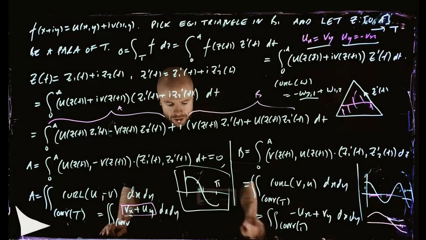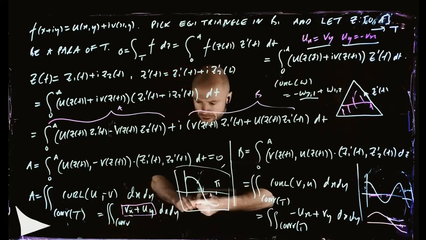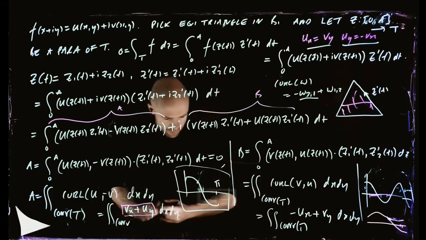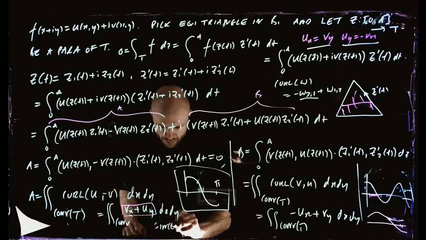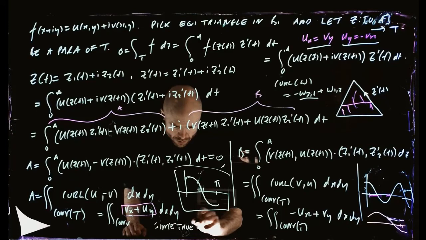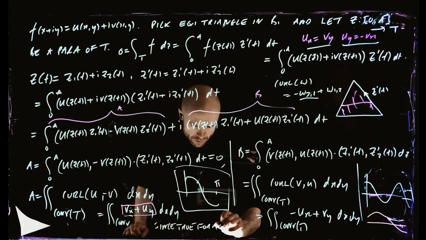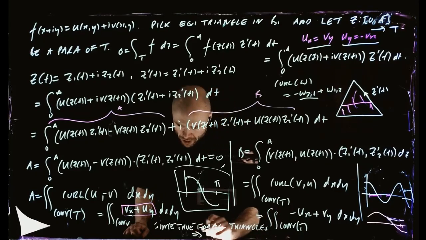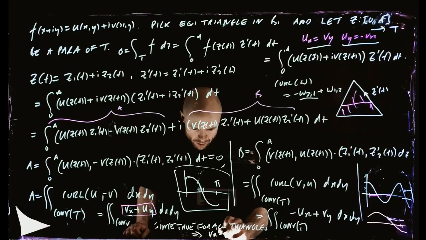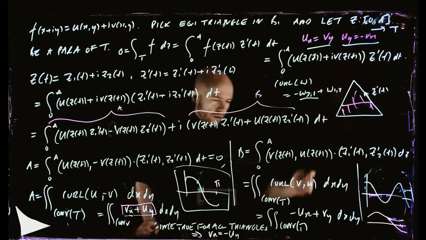Okay, cool. So since this is true for every triangle, this implies that v of x equals minus u of y, and the same thing here.